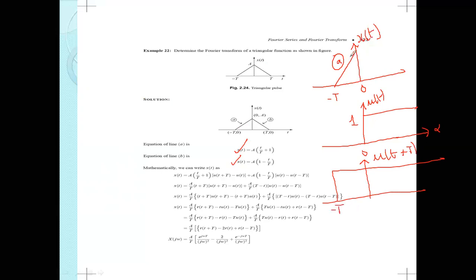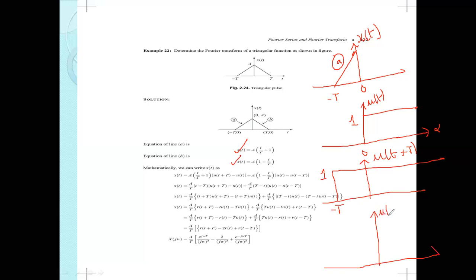Okay, but I need only this slope. So we can subtract these two functions, mu of t plus T minus mu of t. Why mu of t minus? Because it is 0 there and here it is 1. So 0 minus 1, we'll get minus 1. Okay, but we need the positive slope only here. So to get this slope, we can multiply the slope a with this mathematical equation of the step function.